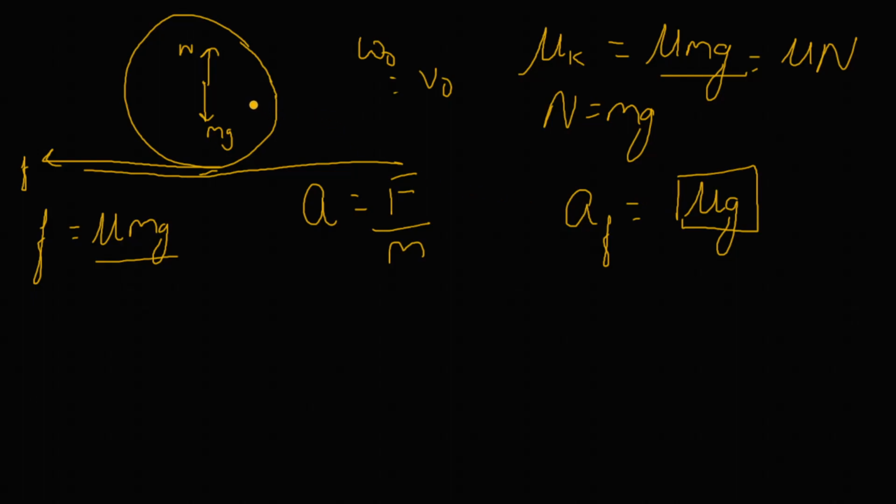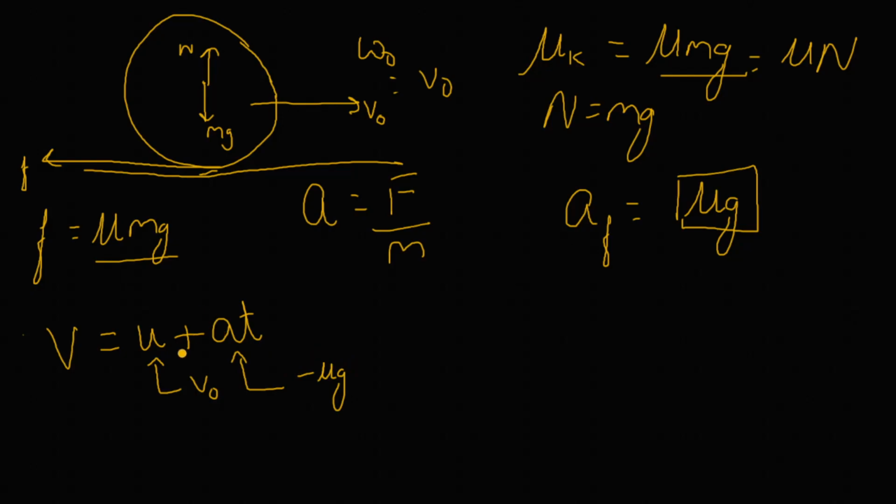Now let us try to write the linear velocity of this ring as a function of time. So we know that v is equal to u plus at from the equation of kinematics. So here what is u? u is just our v naught, that is the initial velocity. And what is a? a is going to be minus mu g, because it's acting opposite to the direction of v naught.